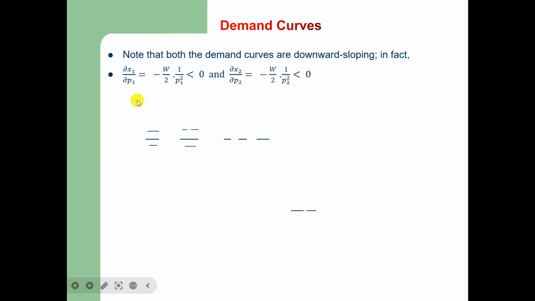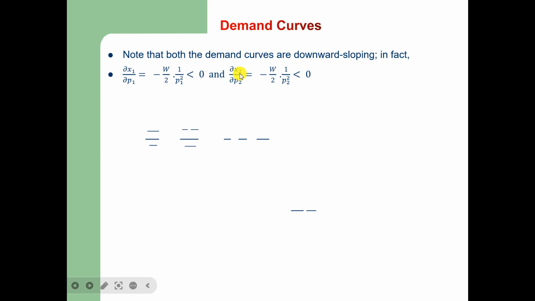So here is the partial derivative of x1 with respect to P1, and that is equal to minus W by 2 times 1 divided by P1 square. Since the sign is negative, that is less than 0, and this means that the rate of change of the demand function for good 1 with respect to its own price is negatively sloped.